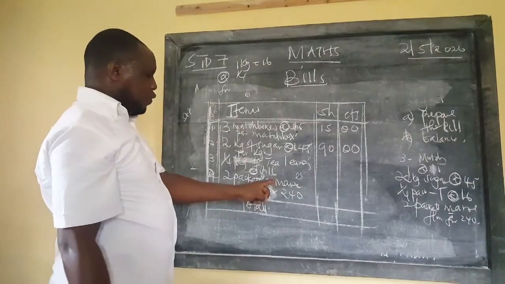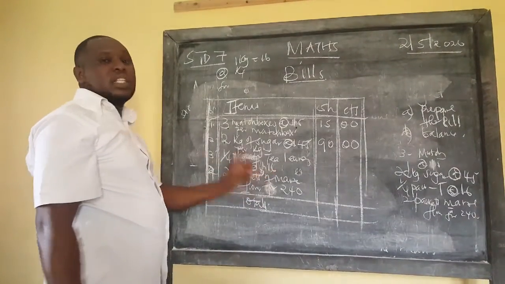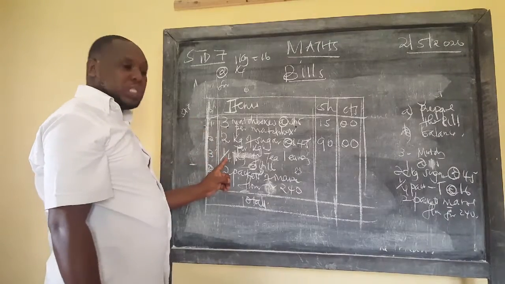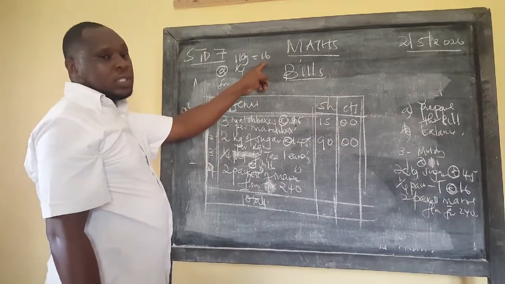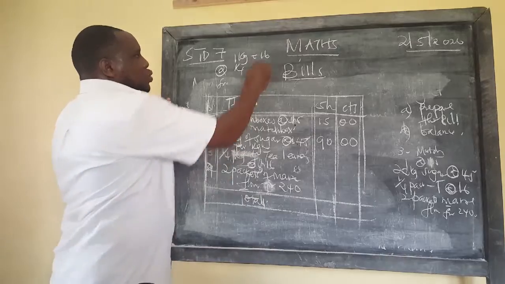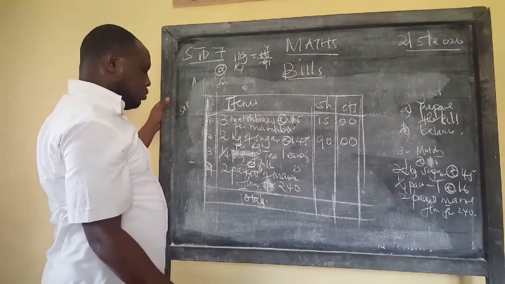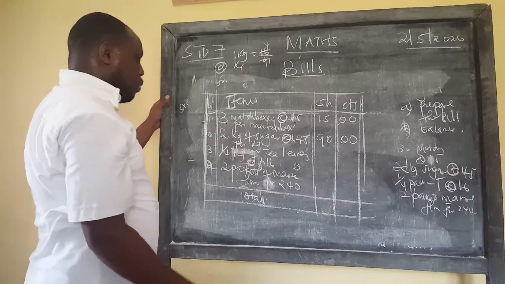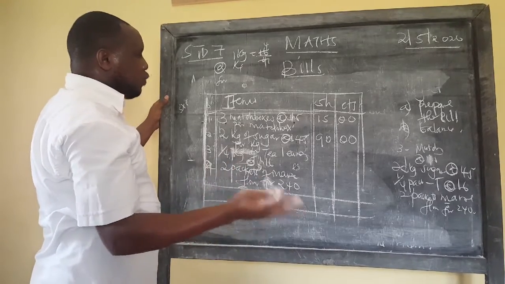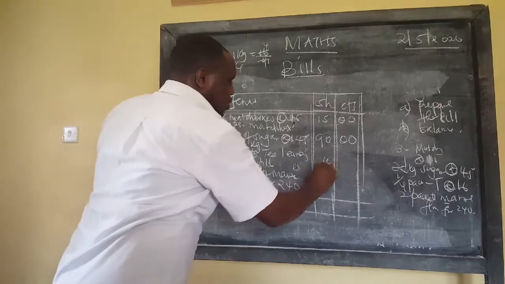Remember, this 16 is for 1 kg, but now this is a quarter kg. So you divide this by 4, because a kg has 4 quarters. You realize that a quarter kg is 4 shillings. So you place your 4 shillings there.